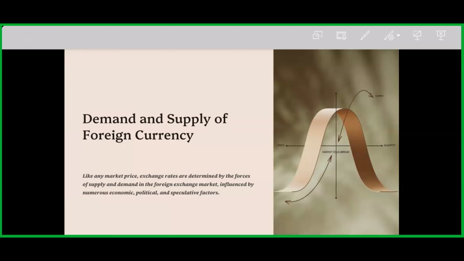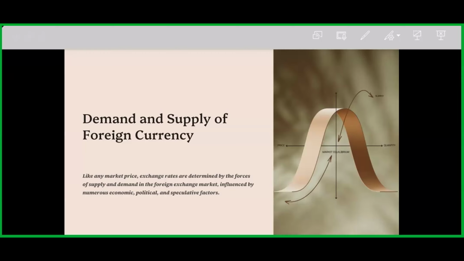For example, after World War One and World War Two, there are two major world powers, two major financial powers in the world, that is America and Russia.